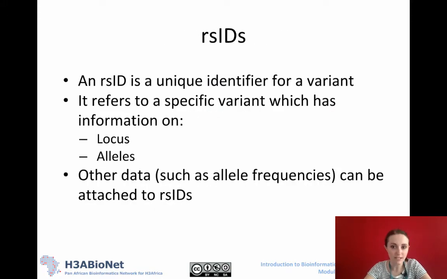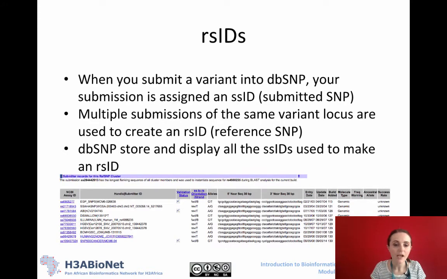So an RSID refers to a specific variant, and it gives information on the locus and the alleles. Further data, such as allele frequencies, can be attached to RSIDs. So if you've identified new variants, if you've done a study that gets variation data, you can submit it into dbSNP, and every variant that you've submitted will be assigned an SSID, which stands for Submitted SNP.